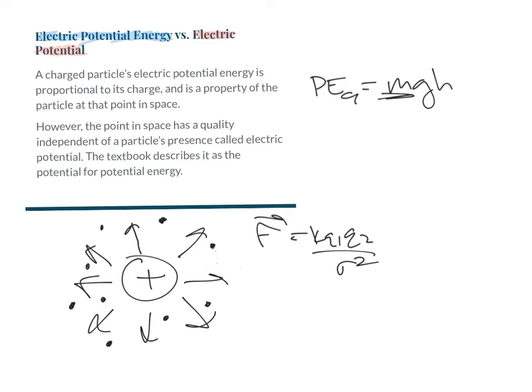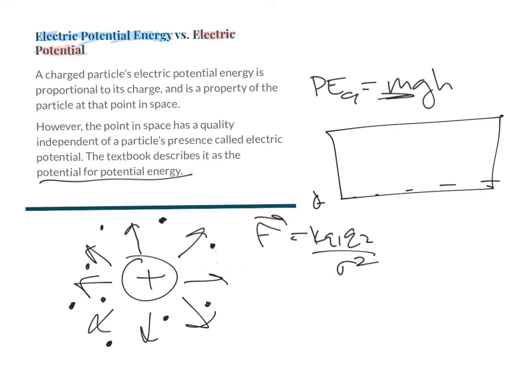The way the textbook words this is that it is the potential for potential energy. It's saying if we stuck a charge here, it would have some potential energy. And if you want to look at the gravity analogy again, this would be like saying you've got some area of land at some elevation, and this is my zero line. At every height h, we'll call this 6 meters for funsies, if you ignore the mass, there would be a potential of gravitational constant times the height.